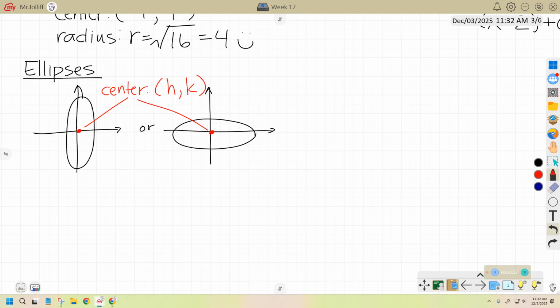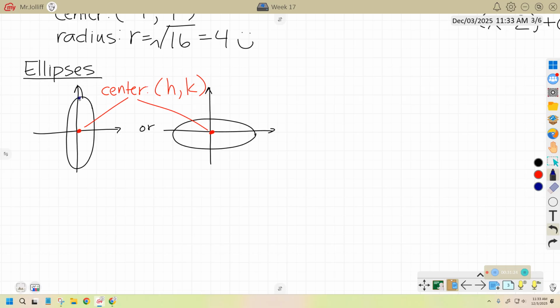Perfect. Now I run into a problem. Circles have the same width all the way around. Single radius. Ellipses have two different lengths. One tall side and one short side. So we get what's called a major axis and a minor axis.